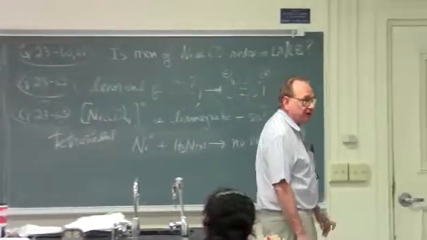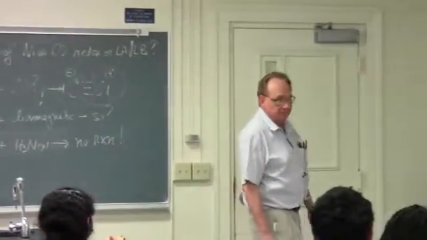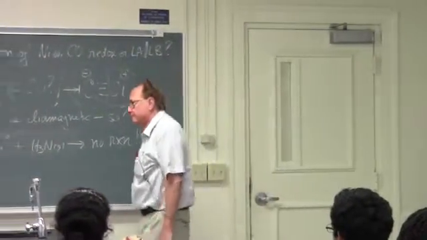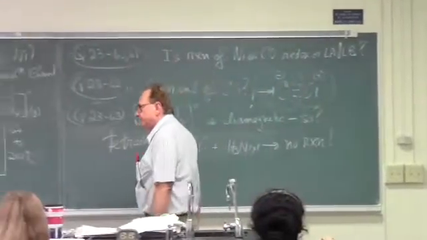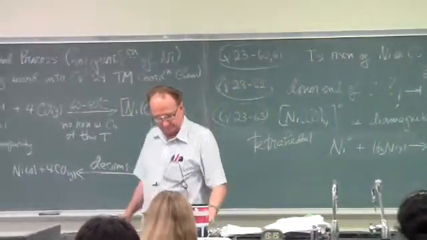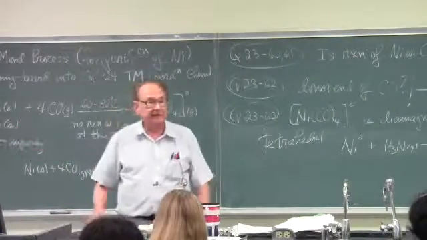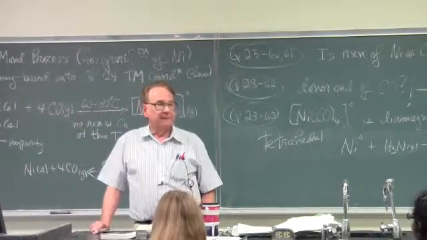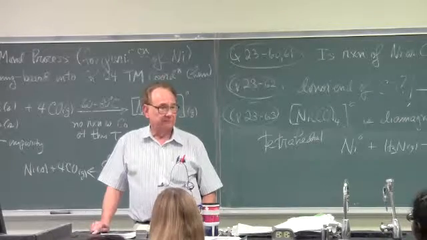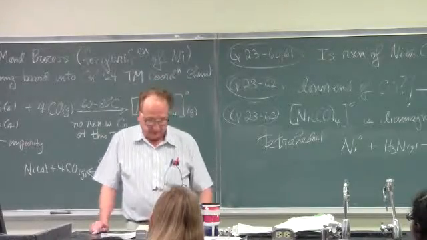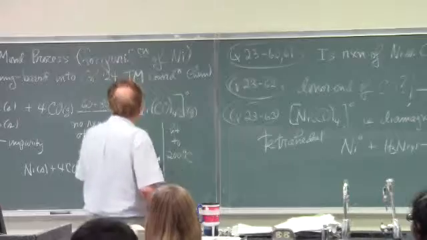Now let's talk one more thing about bond strength. Carbon monoxide shows itself, based on this investigation, to be not a strong sigma donor. Let's talk about one more investigation.